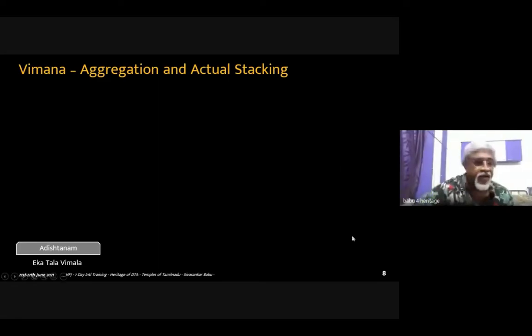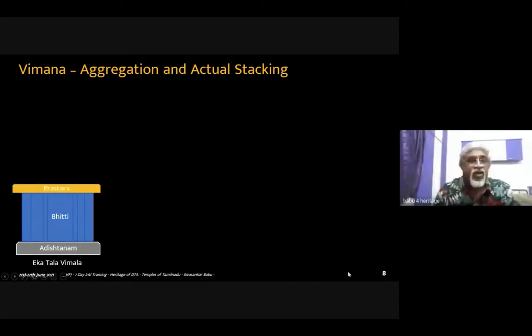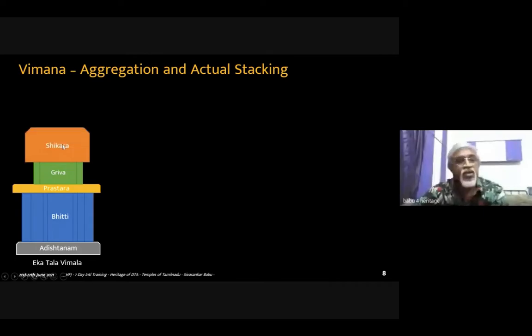So in an Ekatala Vimana, we have Adhishtanam, we have Vitti, the wall portion, and we have Prastara, and on top of it, we have a restricted Griva. Then you go into the bulbous Shikara, which can be in any shape, up to the Stupi. So this is the normal Ekatala Vimana.